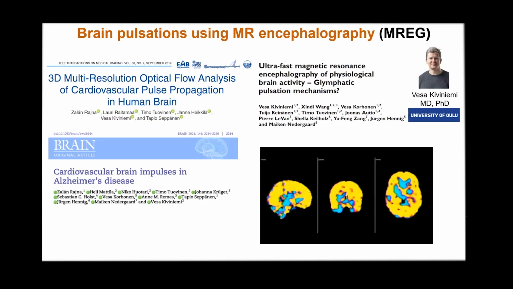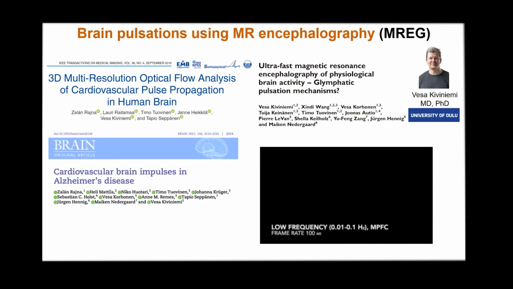So the MREG detects these three types of physiological mechanisms, which are driven by the cardiac, the respiratory, and the brain vasomotion. The cardiac pulsations are more of periarterial origin, which extends centrifugally, while the respiratory is more of centripetal periodical pulsations.